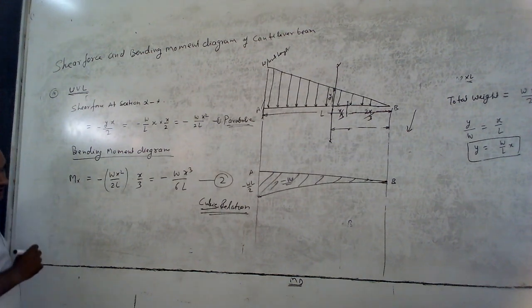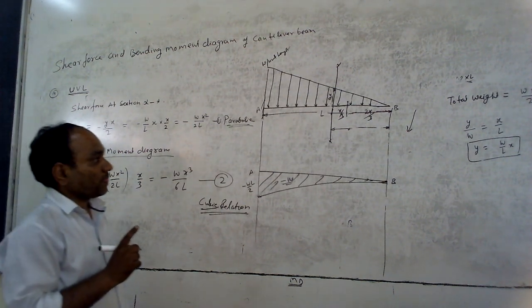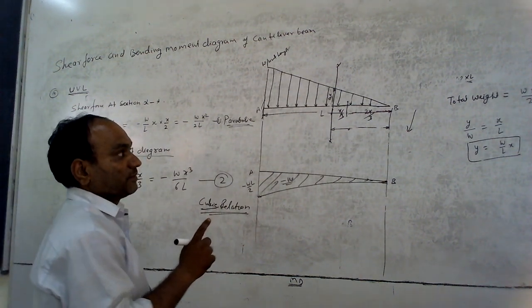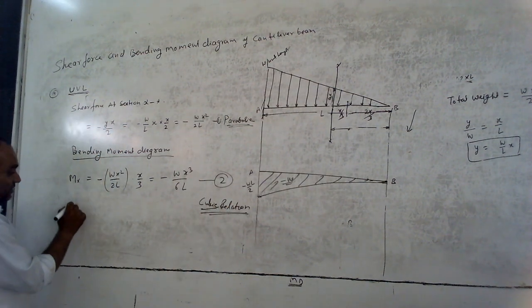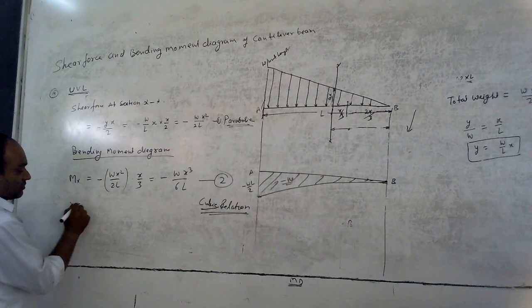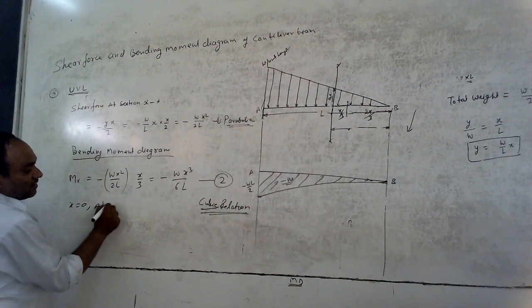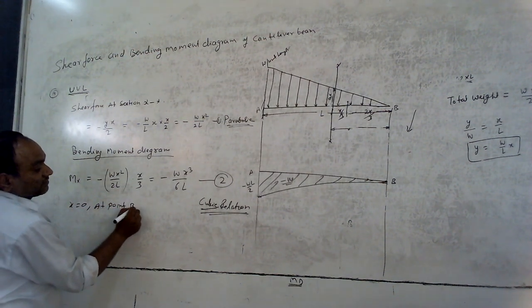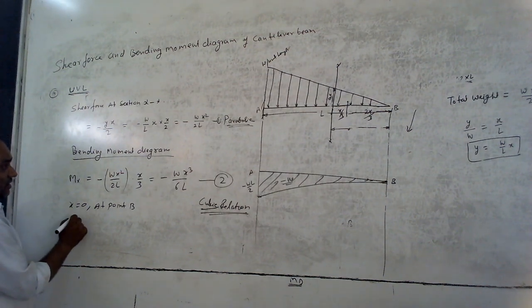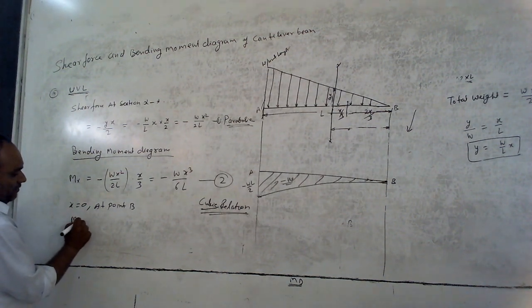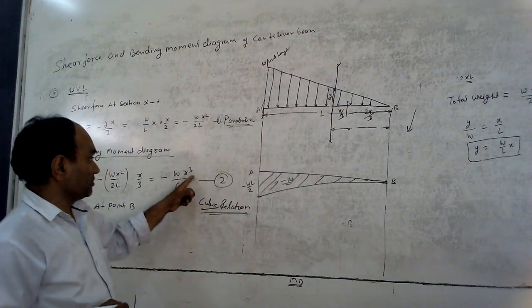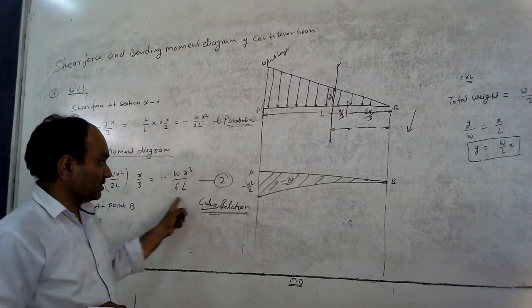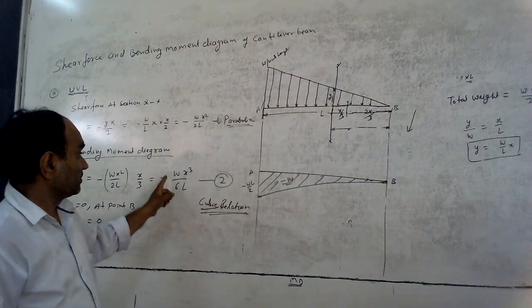Now we have to find out the different values of bending moment at different points. First, at point B, x equal to 0, MB equal to 0, because if x equal to 0, the whole value of this equation will be 0.